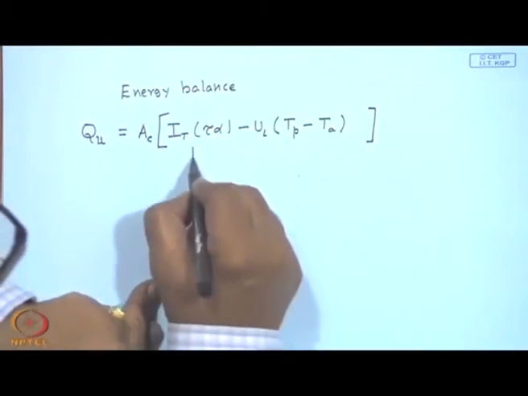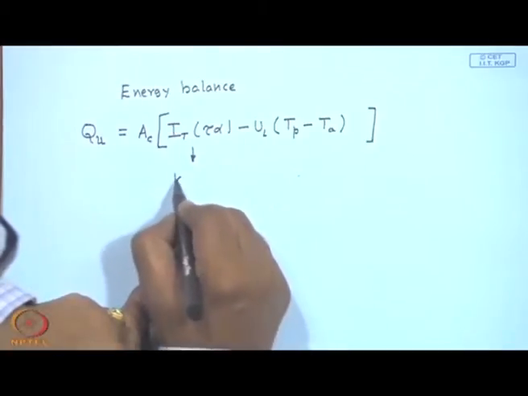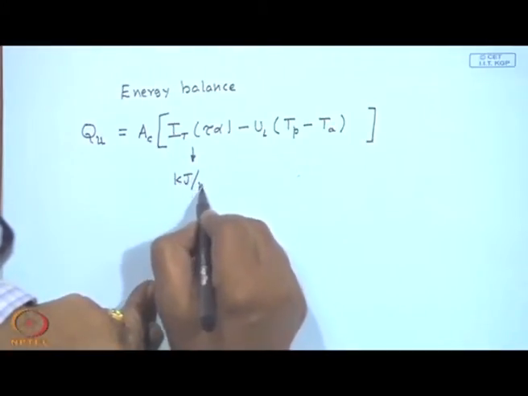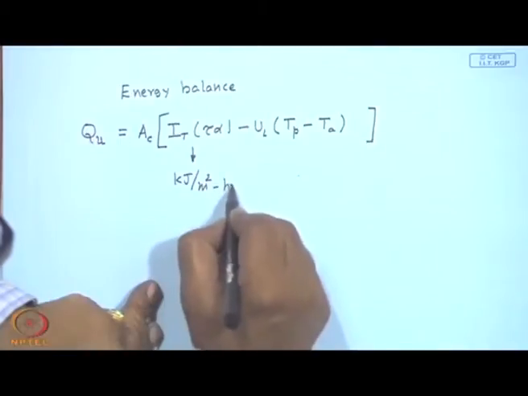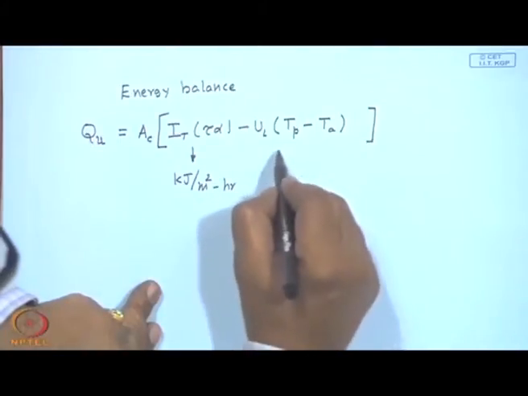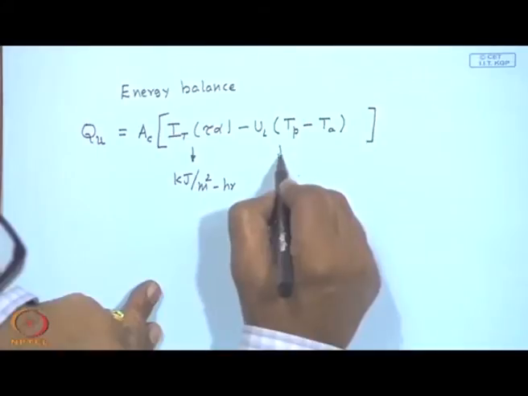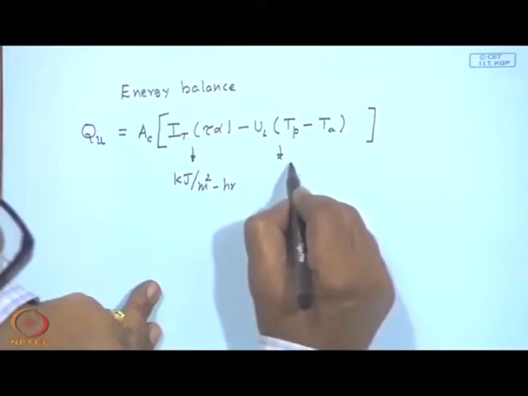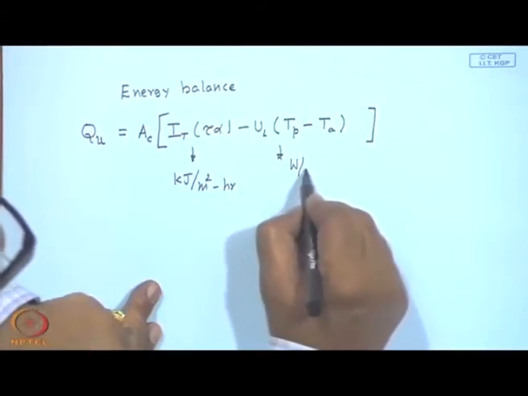Now, if you look at it, this is, let us say, kilojoules per meter square hour, and this will of course be watts per meter square.